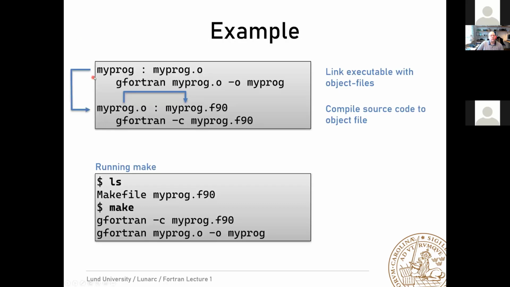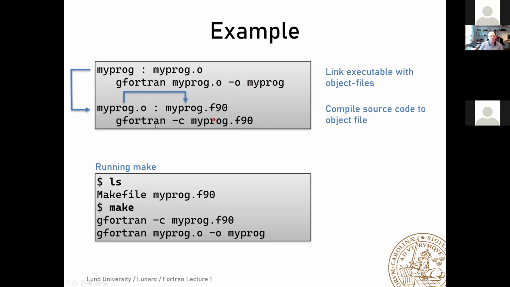So in this case, our ultimate goal is to build myprog, which is the executable I want to achieve. Myprog depends on the myprog.o object file. And to achieve myprog, I link together myprog.o to create myprog.